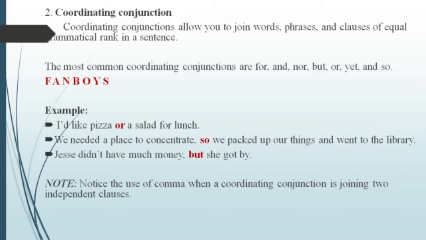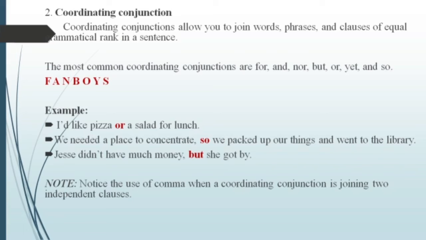Coordinating conjunctions, again as I said, are quite easy and understandable. Coordinating, it does the job of coordinating. It allows you to join words, phrases and clauses of equal grammatical rank in a sentence. So both sides of the sentence will be equal.